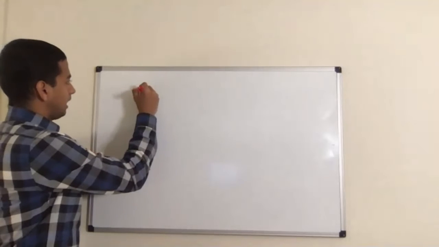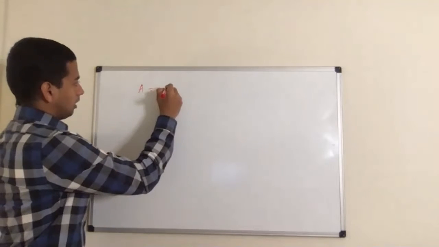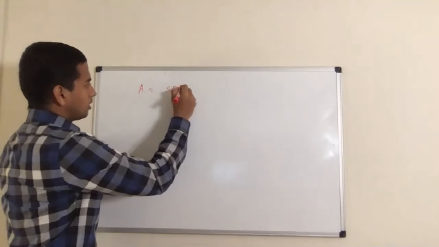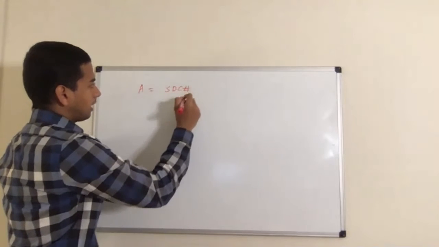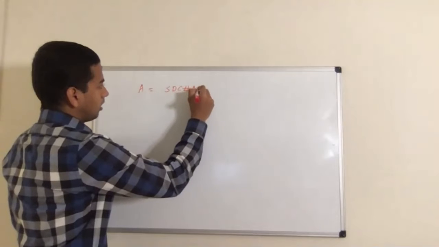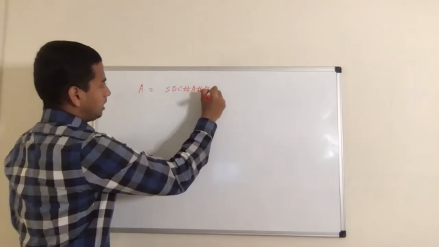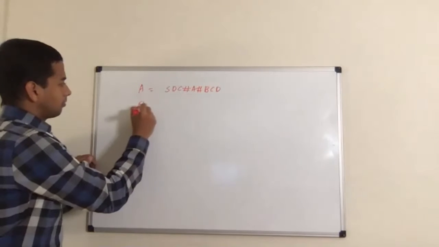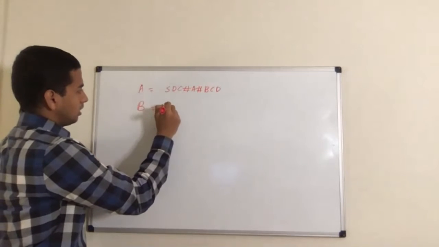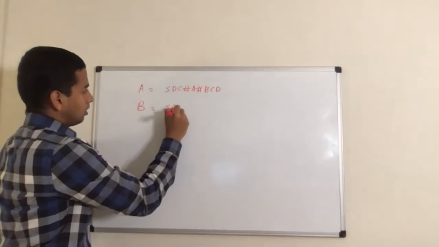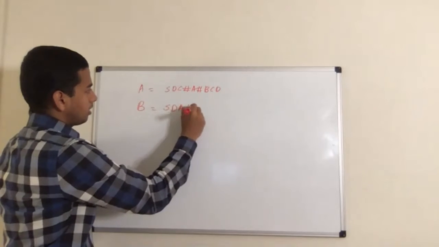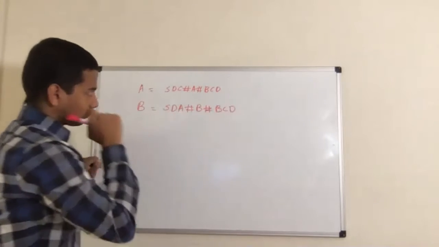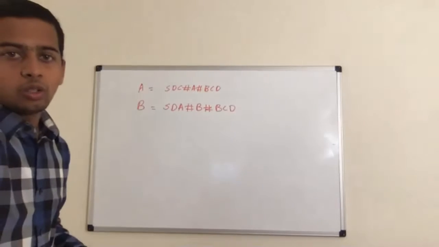Let's say string A equals S, D, C, hash, A, hash, B, C, D. And the second one is S, D, A, hash, B, hash, B, C, D. So these are the two inputs.